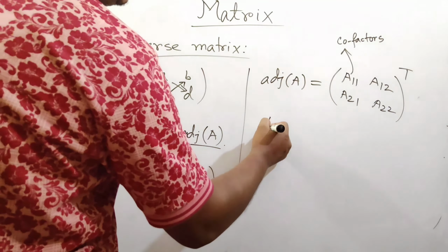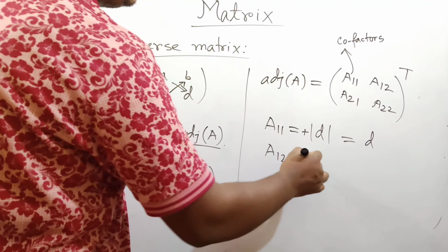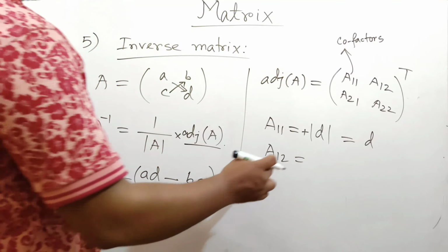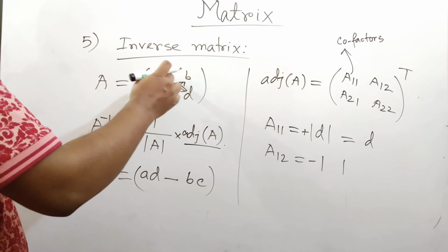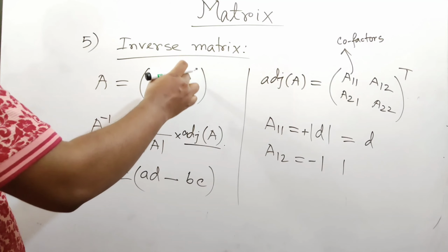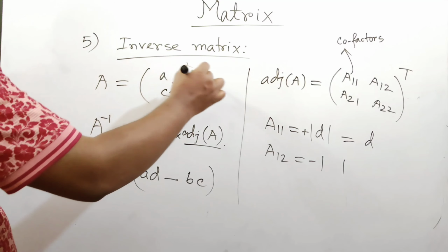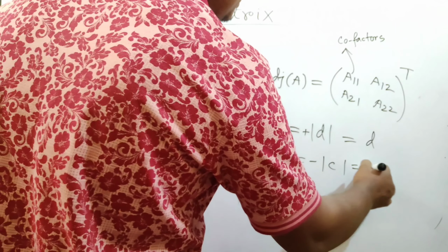Only D. So you just find the determinant of D. If you add the suffixes of these two numbers, this 11 meaning first row first column, and the sum is even, then you should use the plus sign, so it should be D. Again A12: if you add 1 and 2, that is an odd number, so you must use the negative sign. 12 means first row second column, the cofactor for B, so you eliminate the column and row, then you will get only C, so that is negative C.